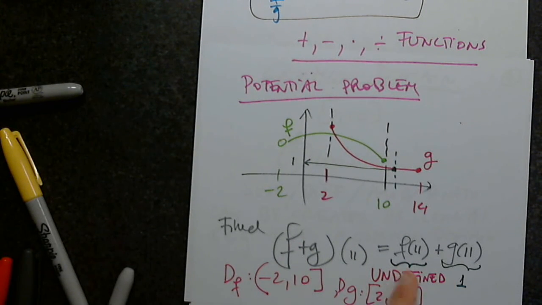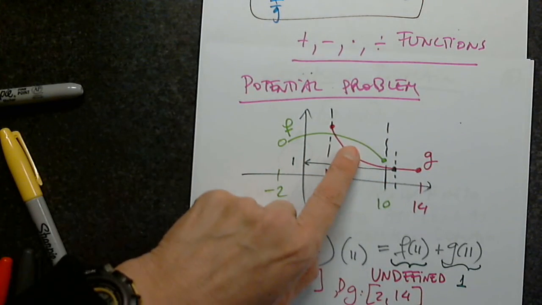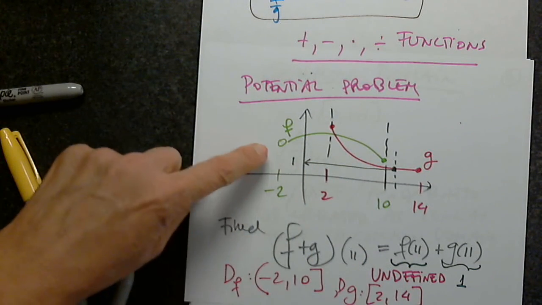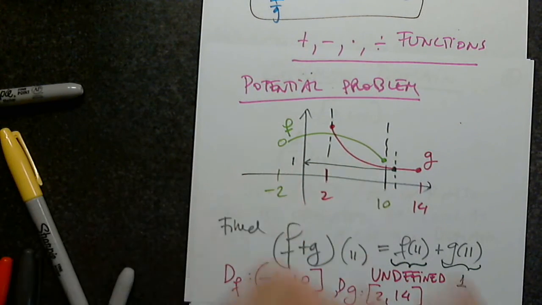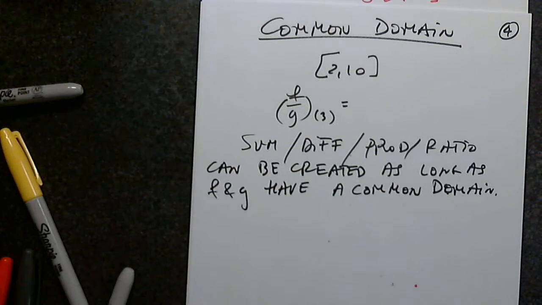But one exists and the other one doesn't. See? This line at 11 does not cross the green graph. The domain of the green graph is between -2 and 10. At 11, the function does not exist, and we say it's undefined. Better? Yes? Good. Other questions?